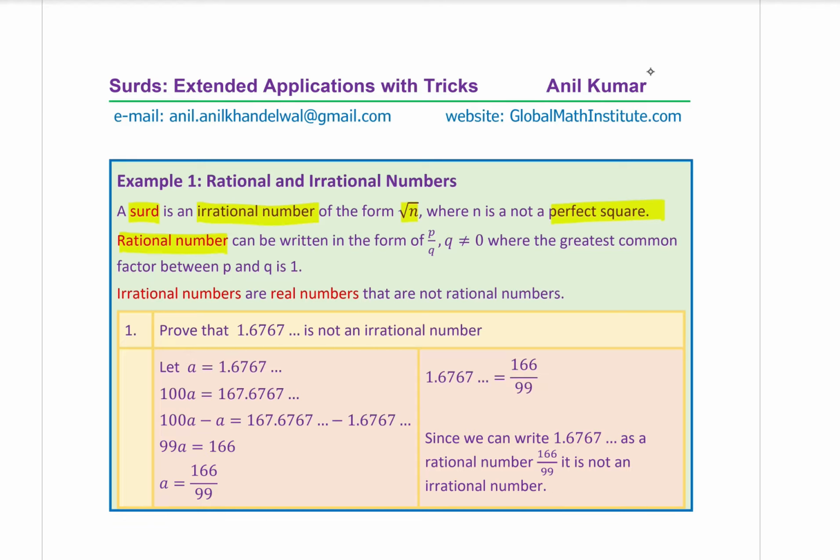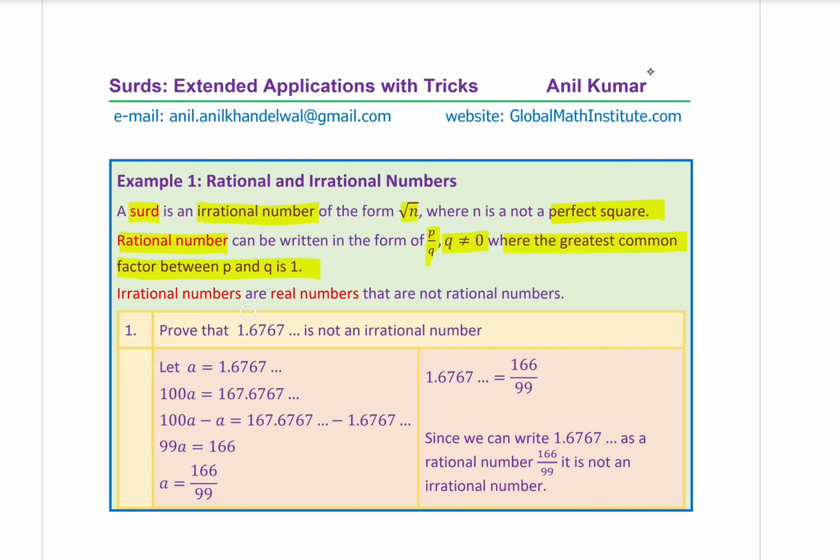Rational number can be written in the form p over q, where q is not equal to 0, right? So denominator you cannot divide by 0. And where the greatest common factor between p and q is 1. So when you write it in this particular form p over q, we say you have written it in the lowest terms. There is no common factor between them except 1.